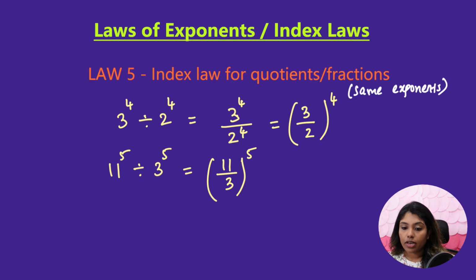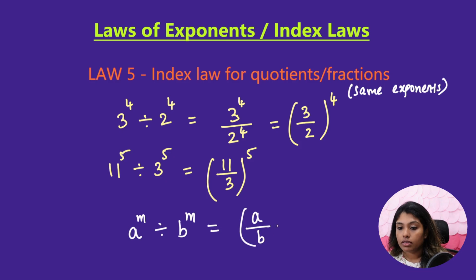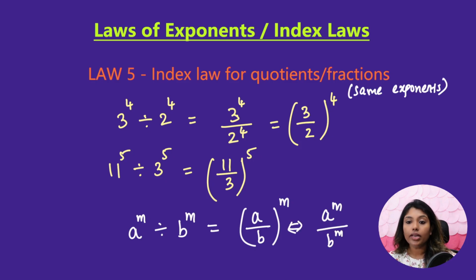Now, the generalized way of writing this would be a to the power m divided by b to the power m, where the exponents are the same, bases can be different. You can write that as a over b the whole to the power of m, which is basically a to the power m divided by b to the power m. It's the same thing. Okay, so that's law number 5.